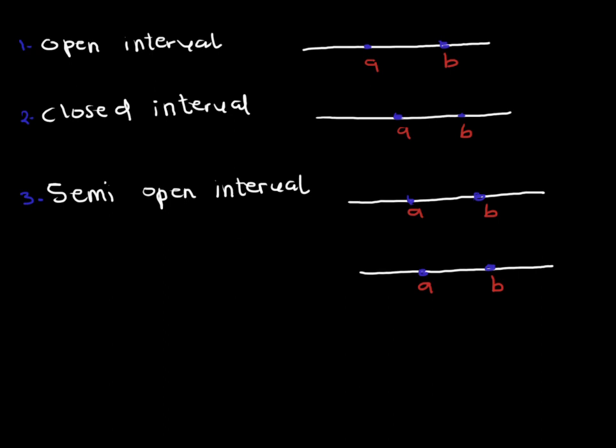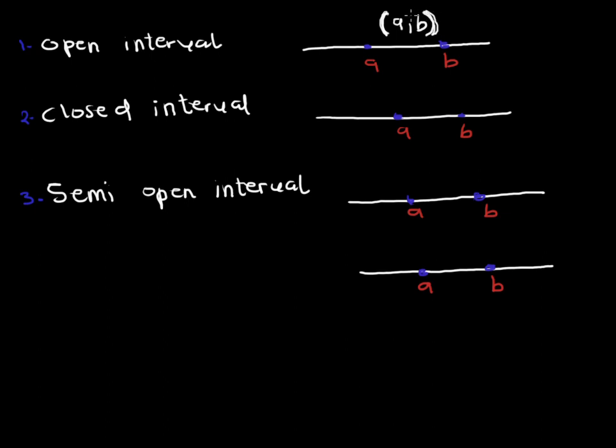Now, the first one we are going to be looking at is open interval notation. The open interval notation is usually represented by (a, b), right? And the difference between the open, closed, and semi-open interval is this, right?